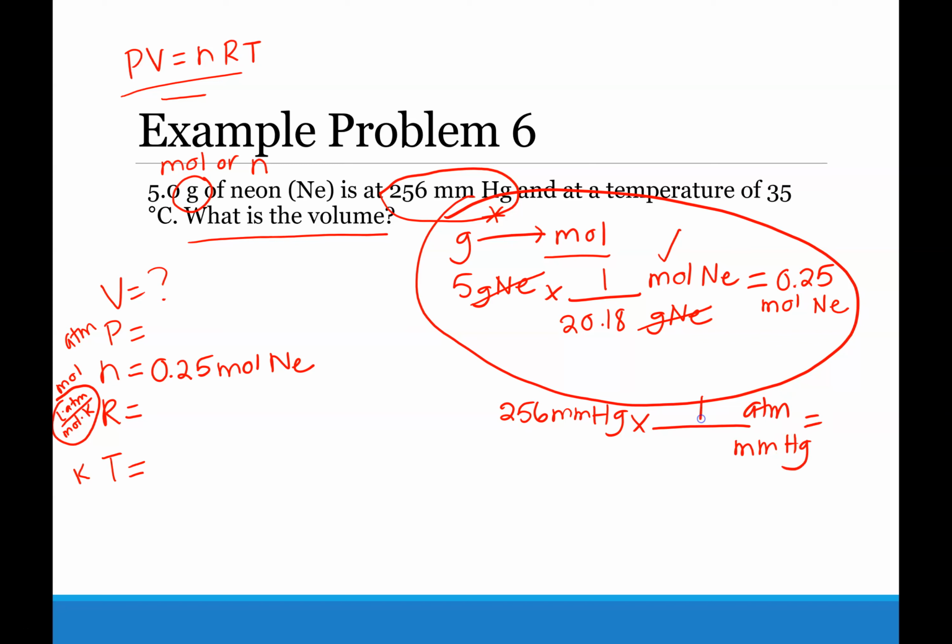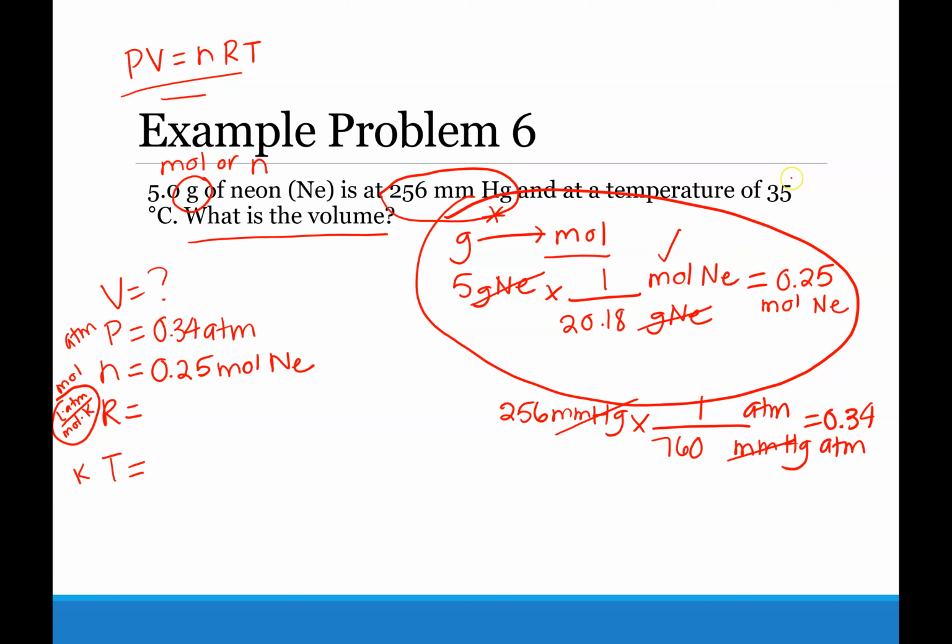So in 1 ATM, there is 760 millimeters of mercury. So in your calculators, 256 divided by 760 is going to give us an ATM of 0.336 or 0.34 ATM. So pressure is now 0.34 ATM.